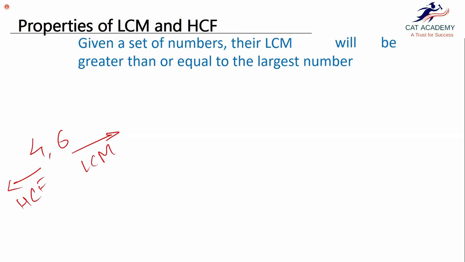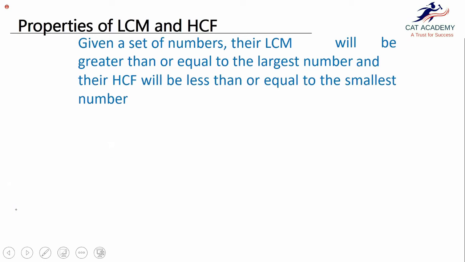Understood? HCF can never be greater than the smallest one and LCM can never be less than the greater one. Okay? Is everyone clear with this first property?